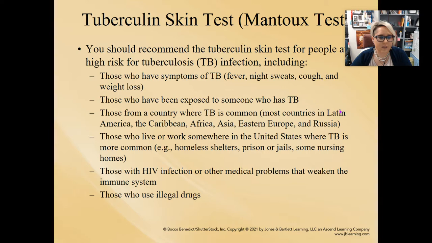We always recommend the TB skin test for high-risk people with TB. Those who have symptoms such as high fevers, night sweats, cough, or weight loss, we know that they'll become cachectic.